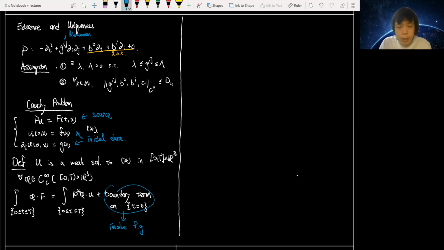Their explicit form is not that important, so I will just leave it there. And I want to emphasize that these test functions are assumed to be identically 0 near capital T. So we do not pick up the boundary term there, but we do pick up the boundary term at t equals 0.